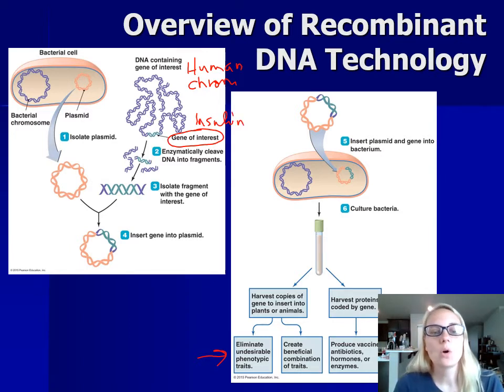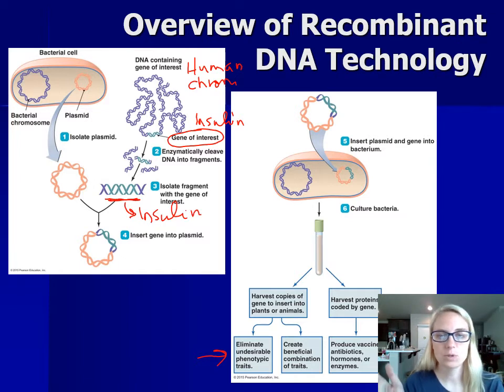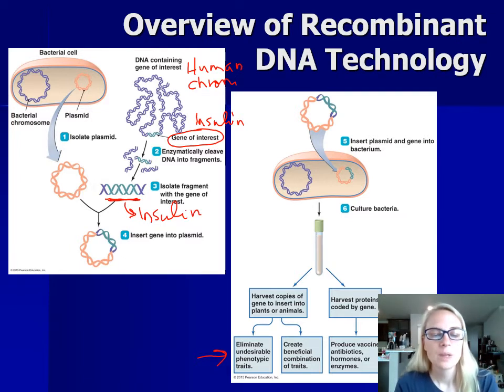Okay, so what researchers can do, and we're going to talk about the tools that they use to do this a little bit later on in the other video, is they can go in and cut out that gene of interest. They use tools like restriction enzymes to come in and just chop on either side. And so this green part of the gene, if that was expressed, it would make insulin. Okay, so that's our goal.